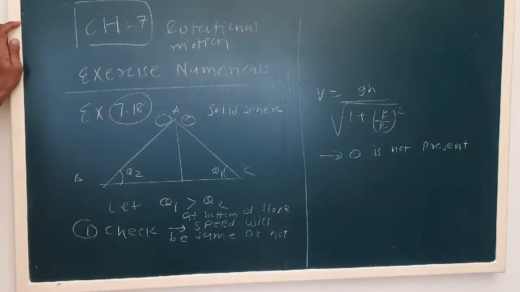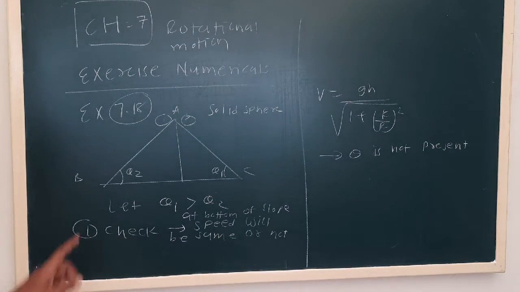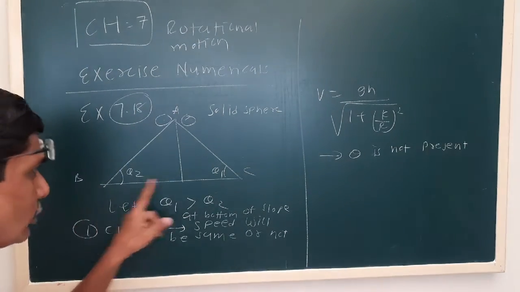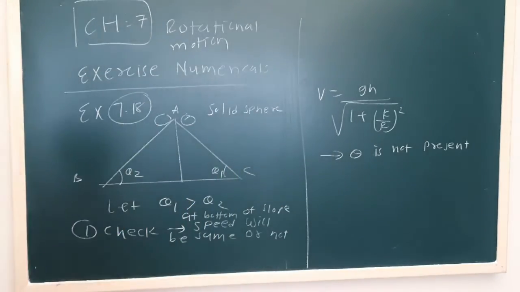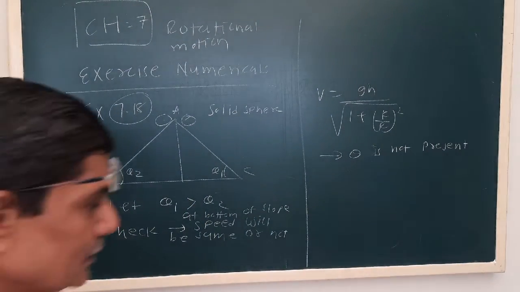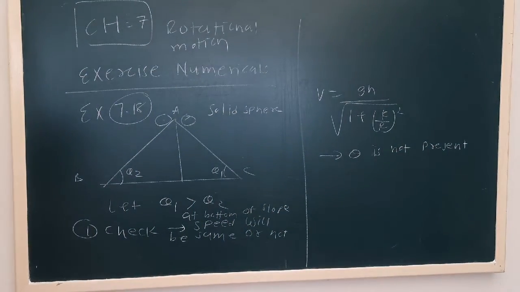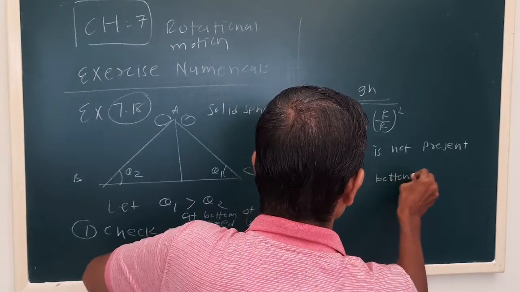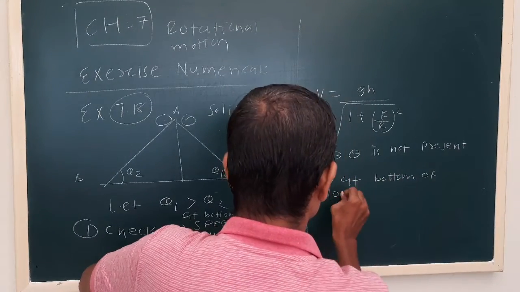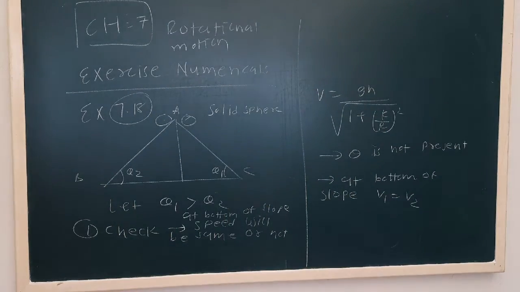First we have to check whether the velocity of the sphere at the bottom of the slope, that is, at B or C, will be the same or not. This is the equation of the velocity we derived in the theory part. See here, the velocity does not depend on theta. So yes, at the bottom of the slope the velocity will be equal. This is the first part of the question.